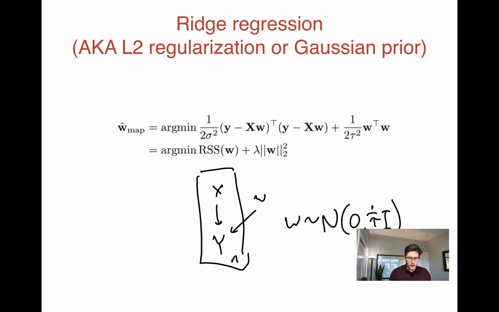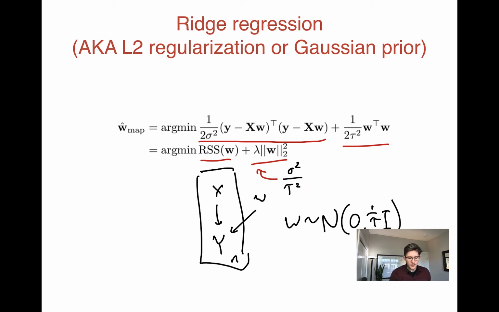Okay, if we put this prior on w, then we get this expanded objective. We have our residual sum of squares term that we had last time, plus this extra term that comes from the prior over w, which we can write either like this, or you'll often see it written like this, where we have lambda. This is equal to sigma squared over tau squared.